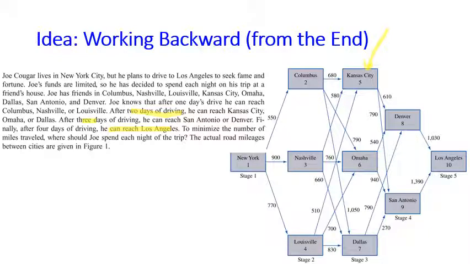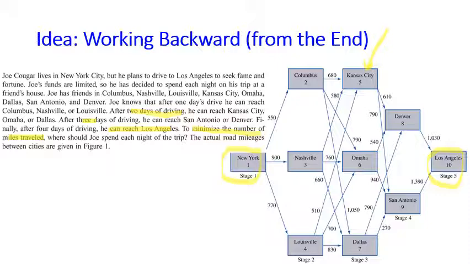Now, in the shortest path problem, we have a starting point. In this case, it is New York, and then we have also our final destination point. In this case, it is Los Angeles. And then the question is how to minimize the distance or the number of miles traveled from the starting point to the destination point.